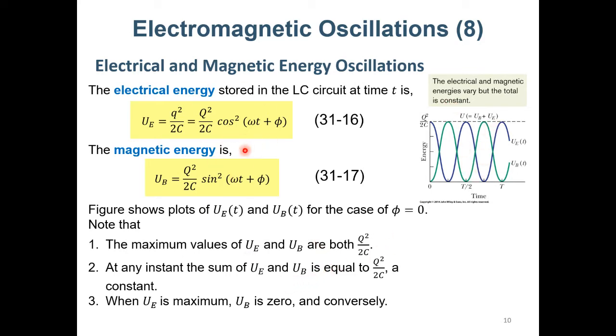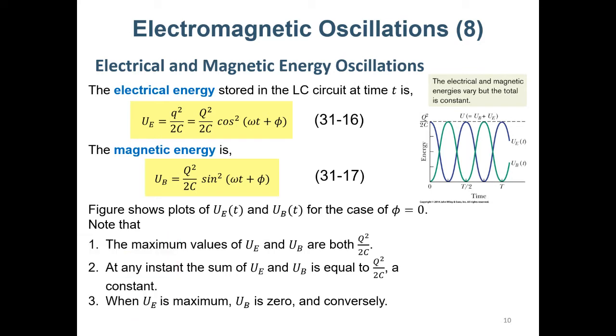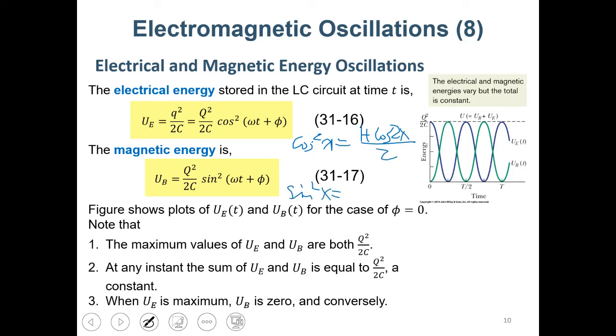And as you have learned in the trigonometry functions, you know that cosine square x is (1 plus cosine 2x) over 2, and sine square x is (1 minus cosine 2x) over 2. So it still looks like a cosine function, but only shifted up.